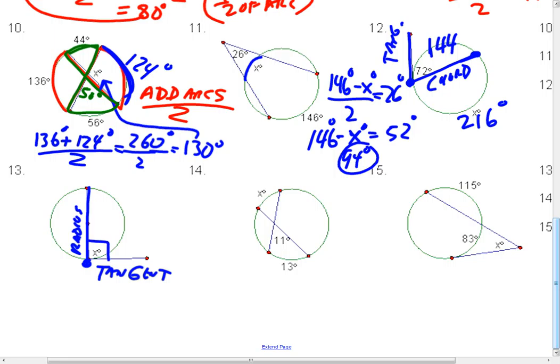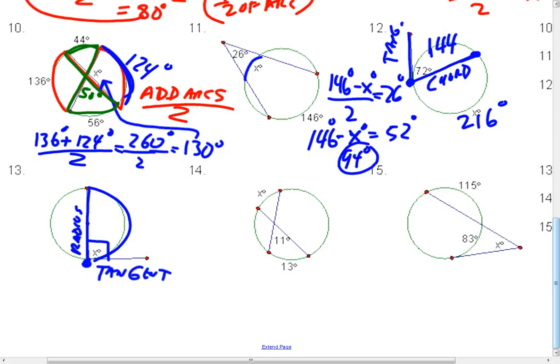Or you could look at that as a chord tangent situation. That's a chord, it just happens to be a diameter. What's the rule for chord tangents? Half the arc. If the arc happens to be 180 degrees, what's half of that? 90. You look at it two different ways.